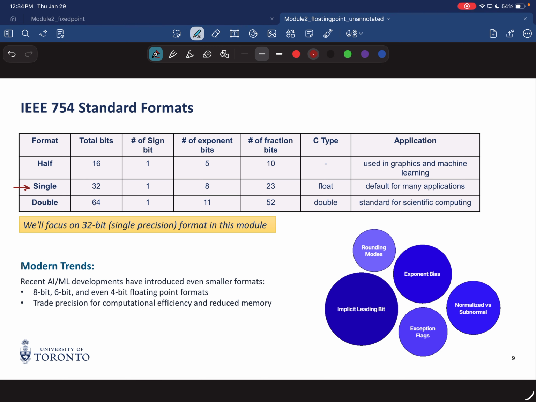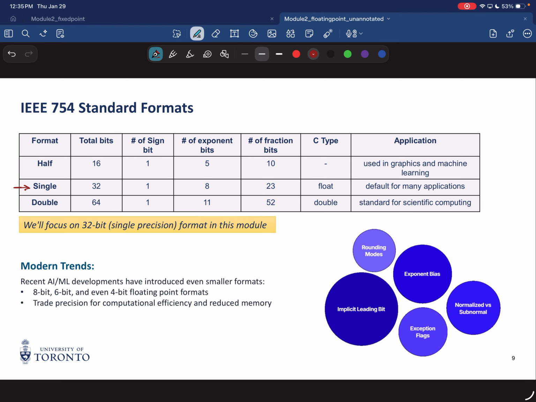Then on the other side, we have double, which is double precision, and it's the standard for scientific computing. So if you're processing geology or any kind of data that needs strong accuracy, then you would use the 64-bit.